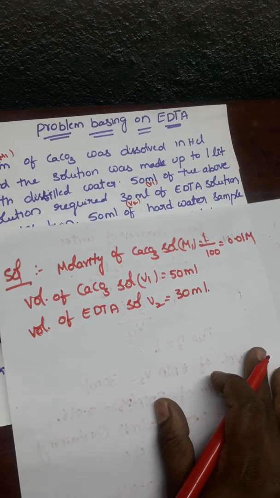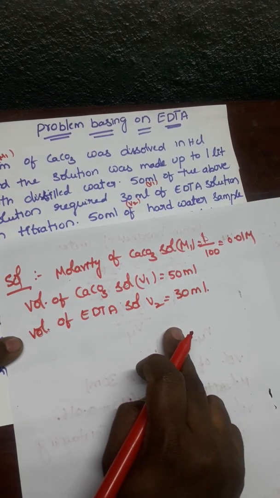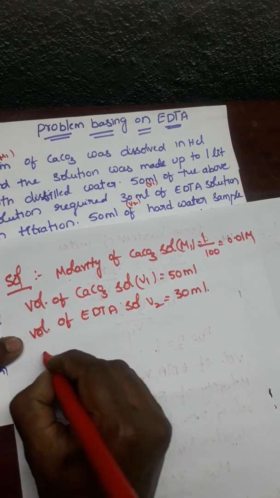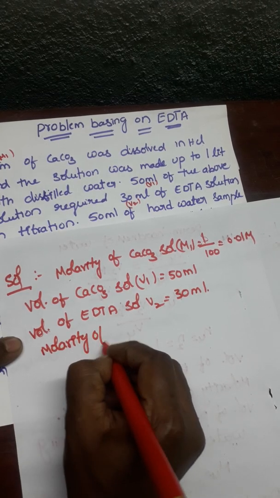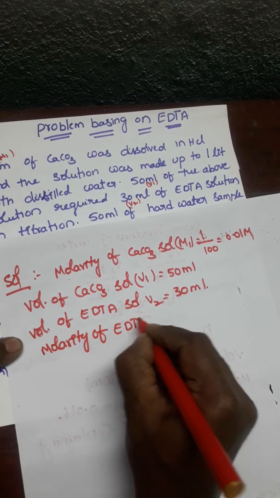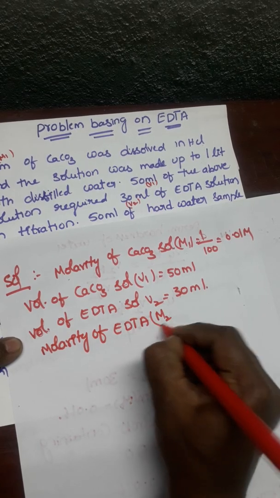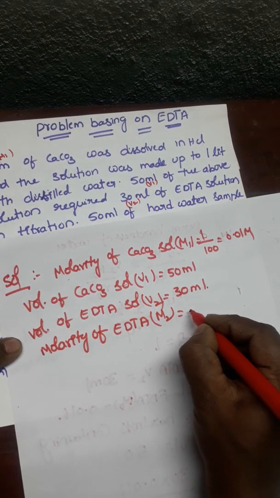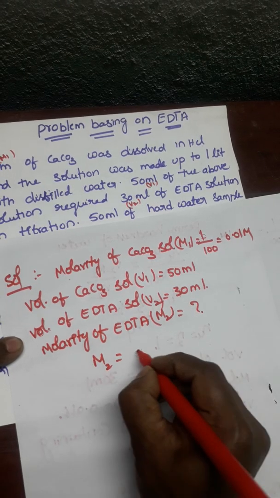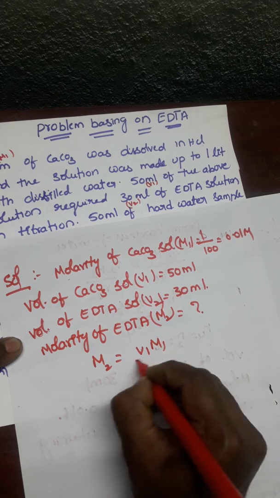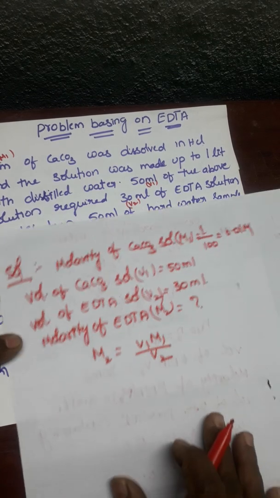Next, here we calculate the M2 value, that is molarity of EDTA, M2. That is equal to how much? M2 is equal to V1 M1 by V2.